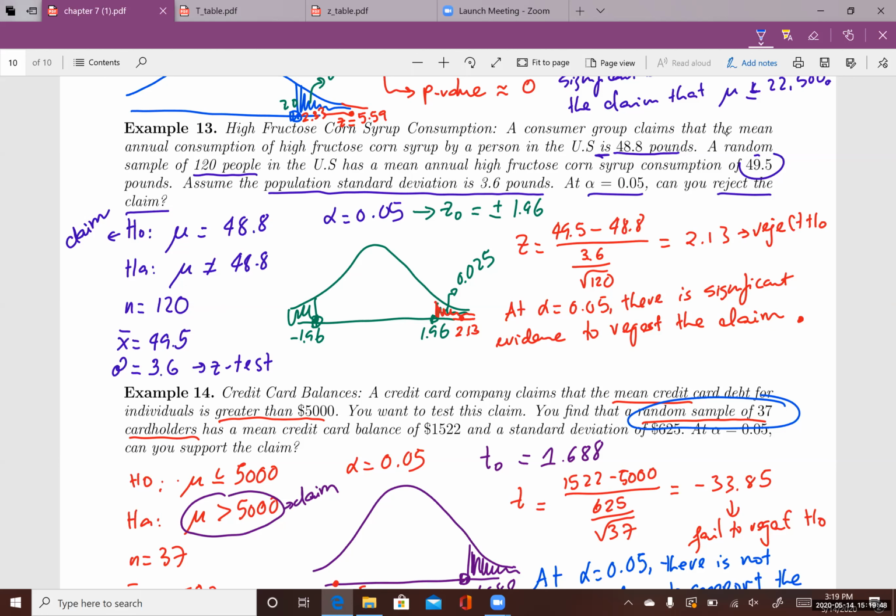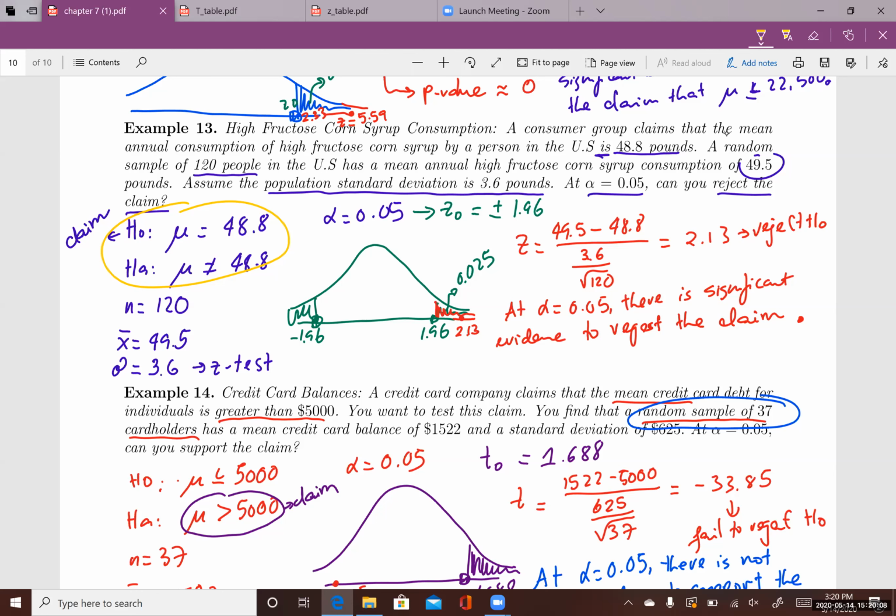First, you need to come up with the hypothesis statements: the null hypothesis and the alternative hypothesis. Second, you have to determine whether you're using a z-test or t-test, depending on whether sigma is known or not.